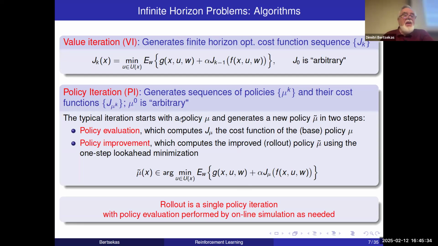And in principle, if you execute it exactly, it converges to an optimal policy. On the other hand, with approximations, when you use approximate policy evaluation, it will not. And later, we are going to discuss a little bit more its behavior. But these are the two main algorithmic procedures.